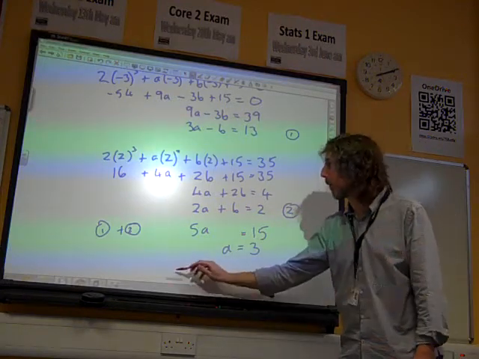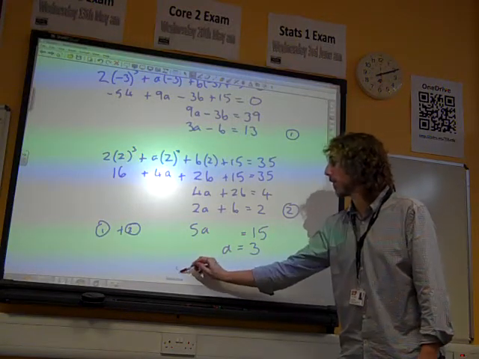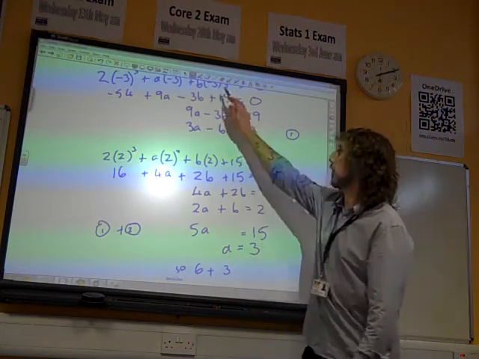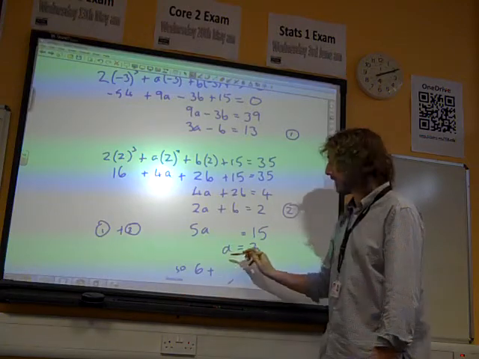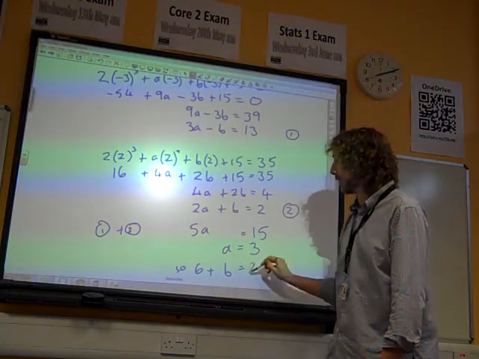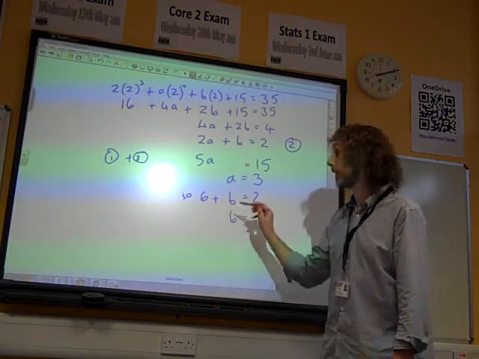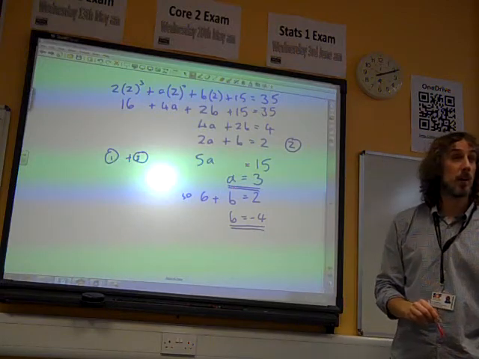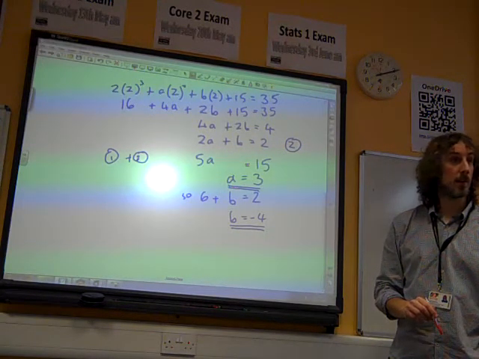If we go back and work out what that means b is, 6 plus b is 2, so b is negative 4. So a is 3, b is minus 4. Do we find ourselves in general agreement?